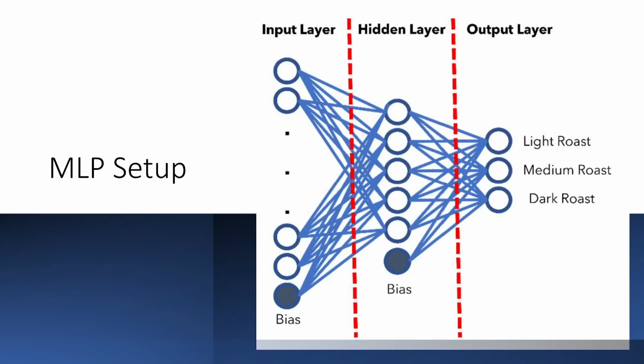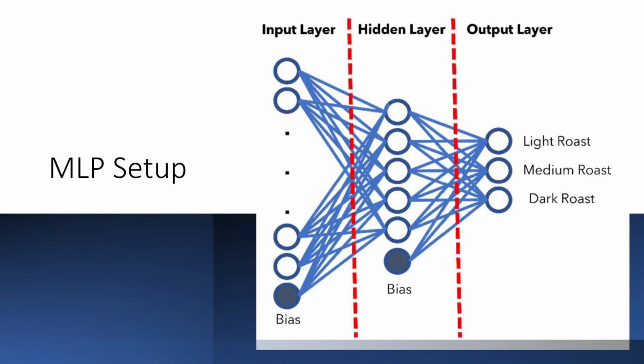The setup for the MLP is such that we have 5 hidden units in the hidden layer. For the input layer, we fed the S parameters from the microwave tests directly to the input layer, which is huge. It consists of 6,400 data points.